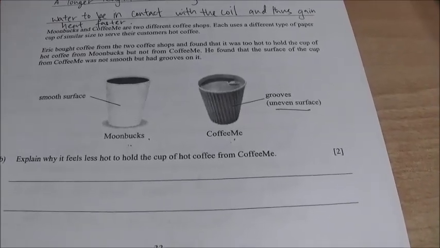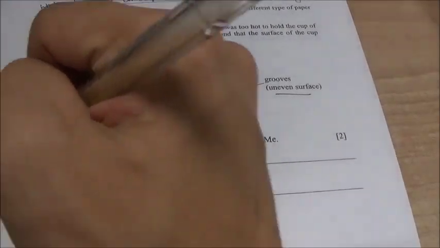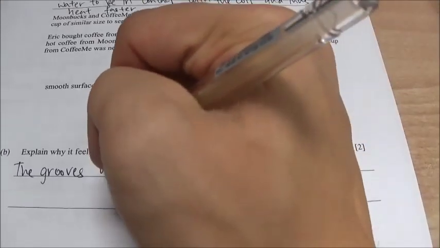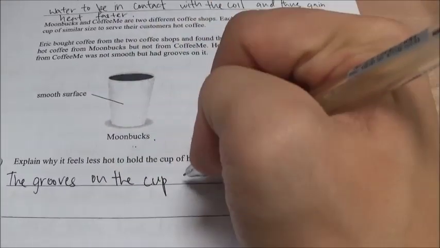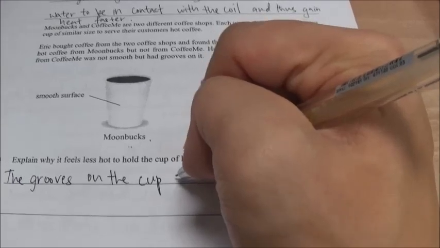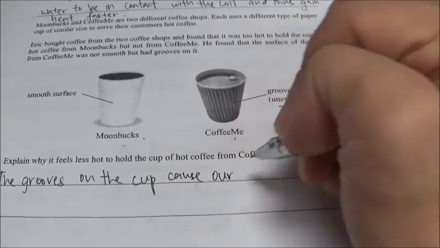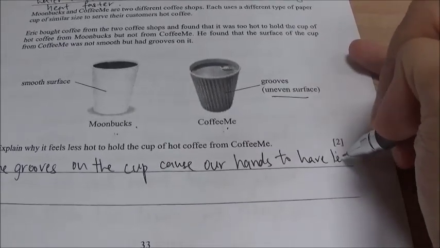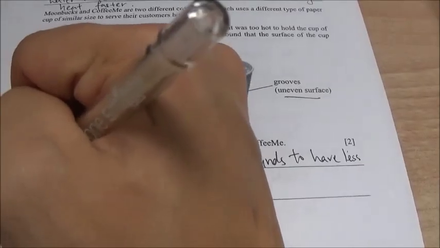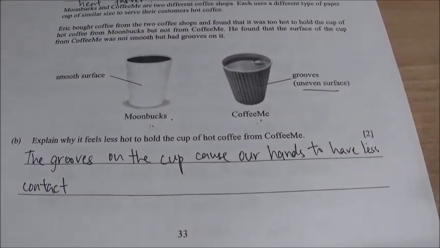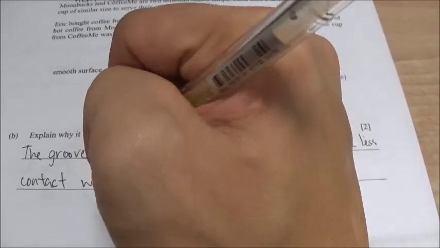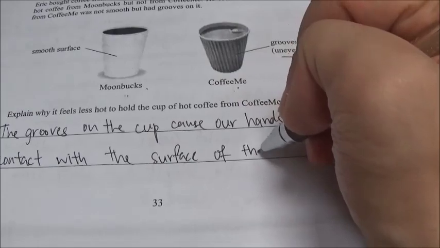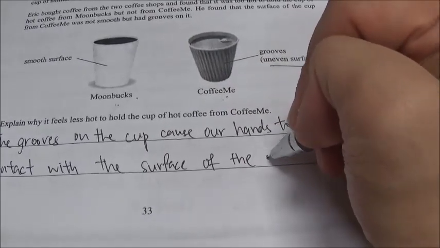Alright, so your answer for this, you should say that the grooves, which is like gaps and holes, on the cup causes our hands to have less contact with the surface of the cup.